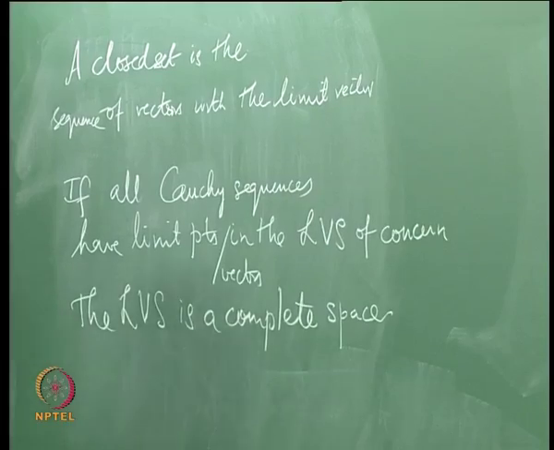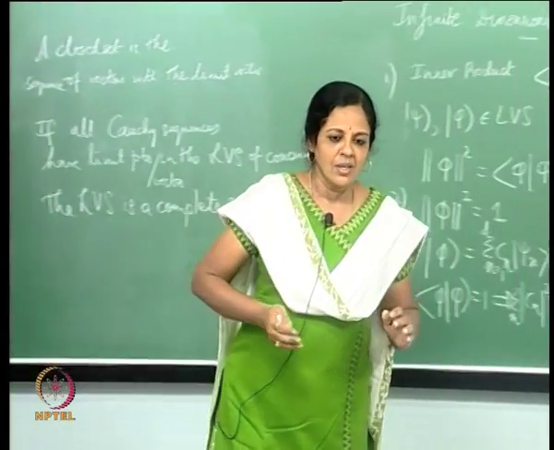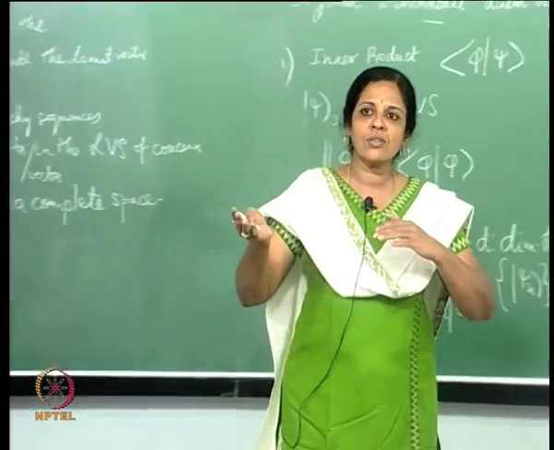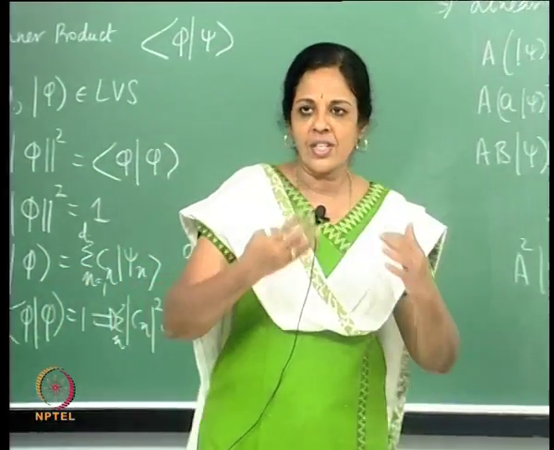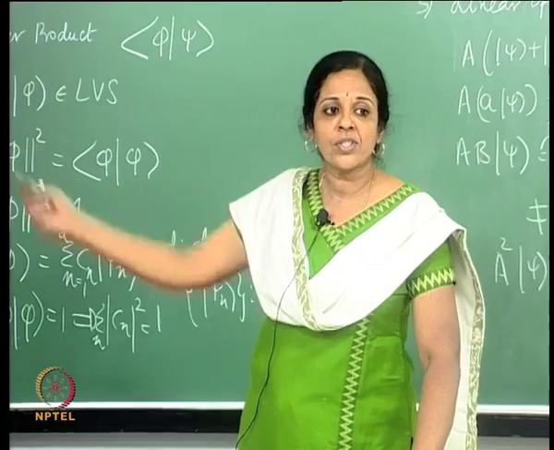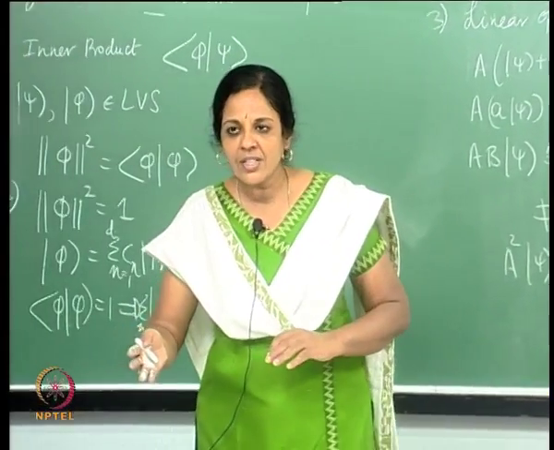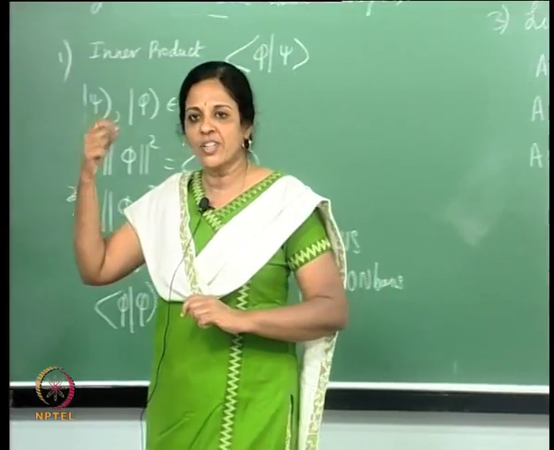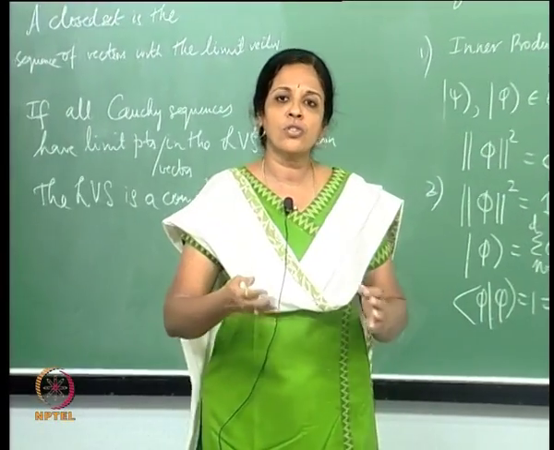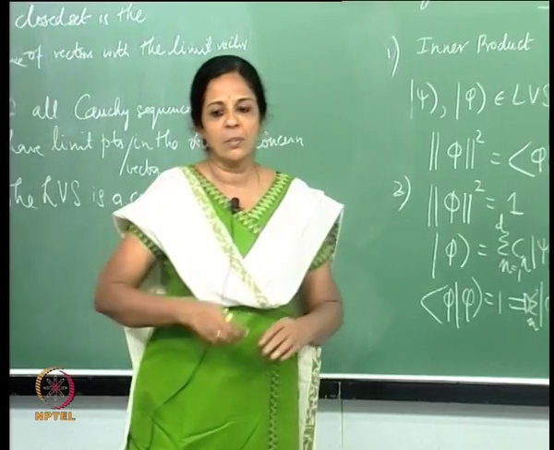We only look at spaces which are complete spaces, simply because we do not want the action of an operator to take a state, one of the states in this sequence psi n, out to a limit point or a limit vector which does not even belong to that space. So we will only look at complete spaces.